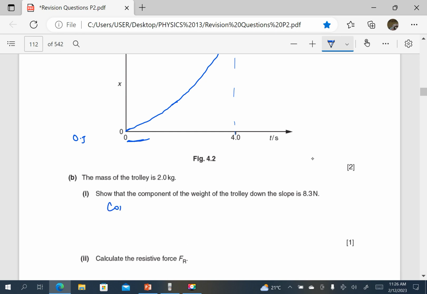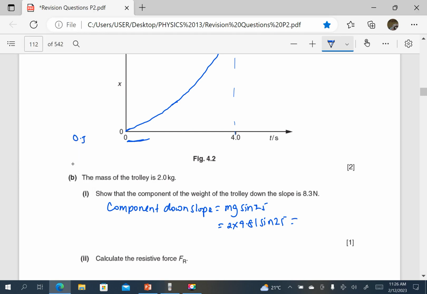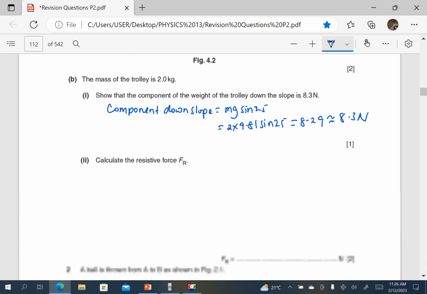So the component down the slope is equal to mg, or the weight, times sine 25, which is equal to 2 times 9.81 times sine 25, which is 8.29, approximately 8.3 newtons.